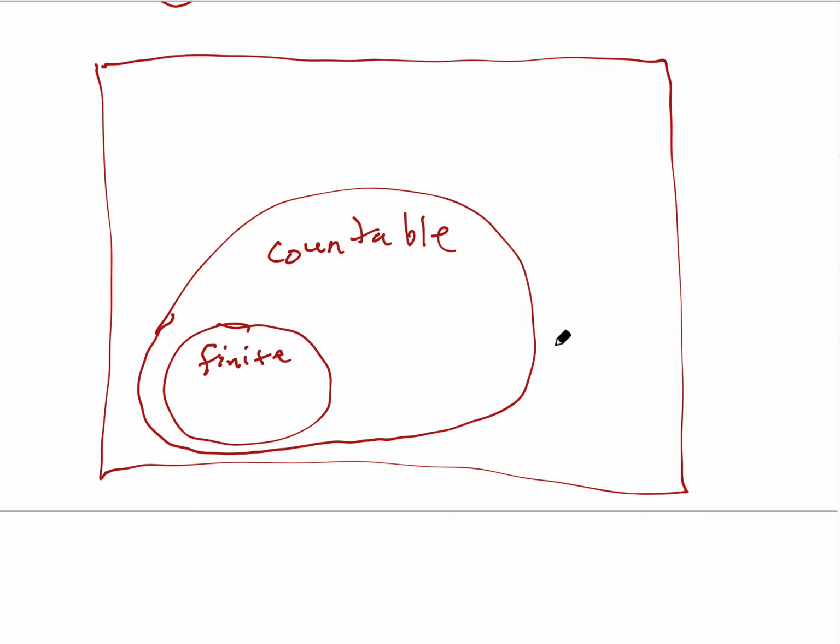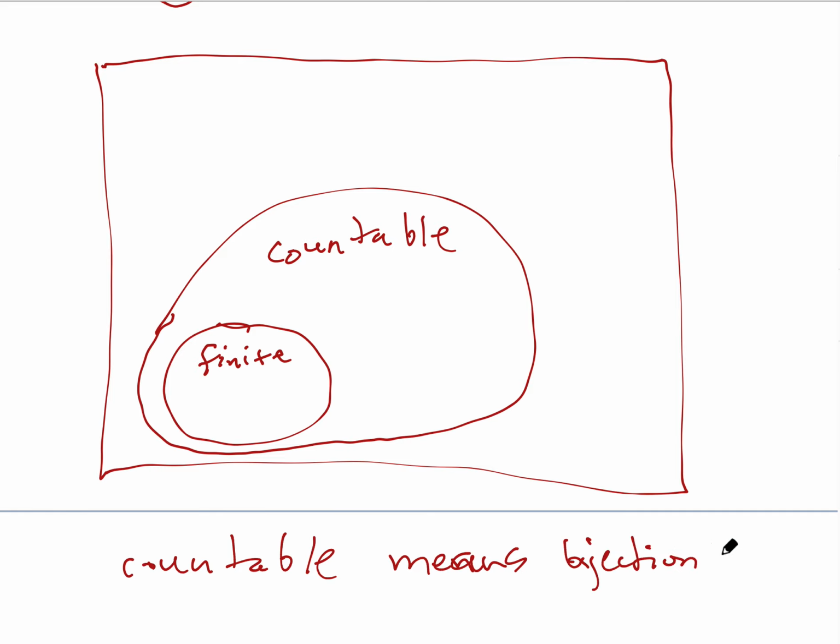Countable means there's a bijection, I'll say B, from the natural numbers to that set.